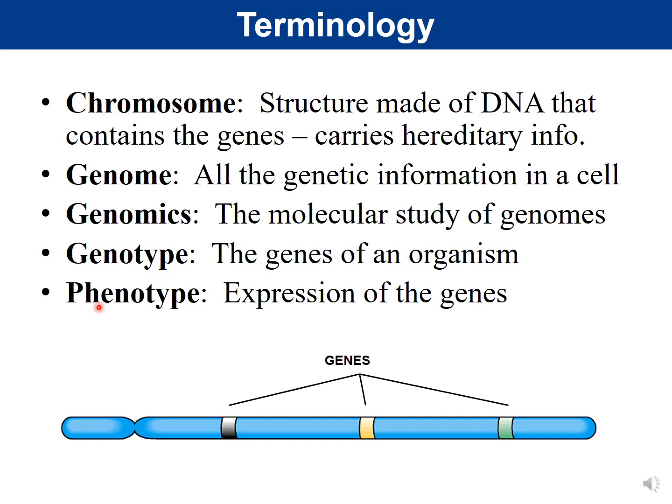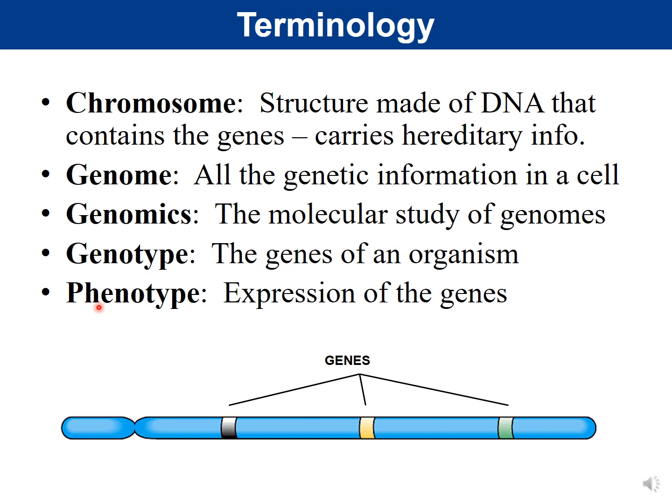So if we go back to the eye color example, you could have a genotype where you have one brown-eyed allele. An allele is just an alternate version of a gene. So eye color would be the gene, and the allele would be the variation in that DNA sequence that gives us a different outcome.